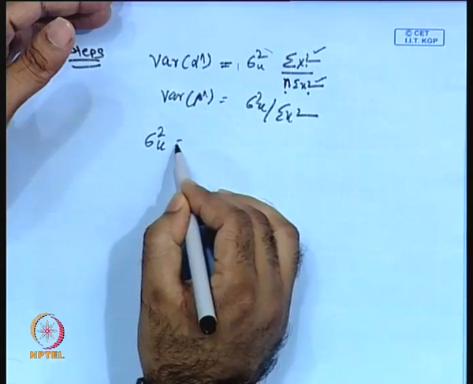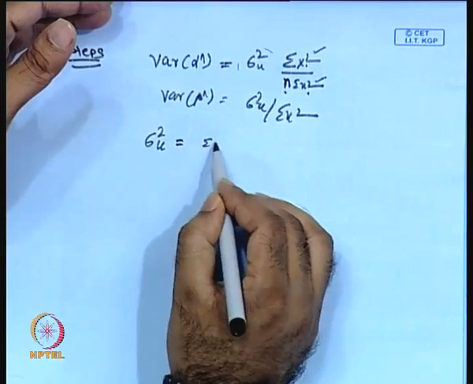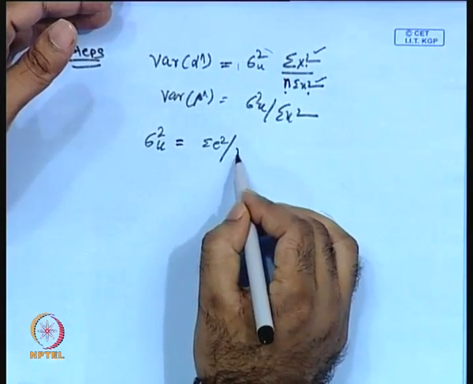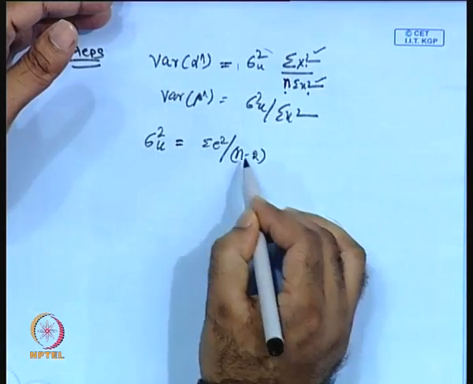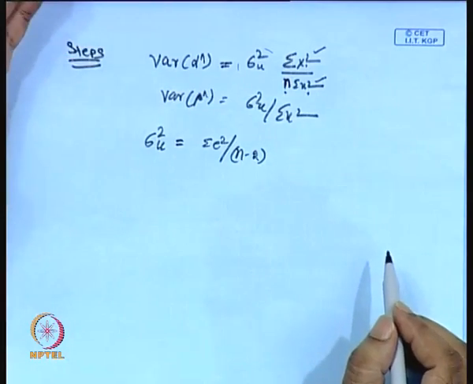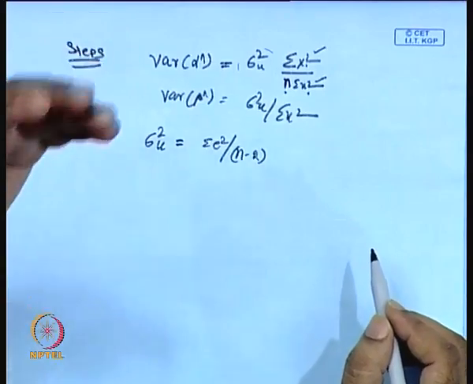Sigma square equals the error variance, which is summation e square by n minus 2. Actually, it is n minus k, but since it is a bivariate model, k represents 2. K represents the number of variables in the system, or number of parameters in this econometric system. Since it is a bivariate setup, k equals 2.